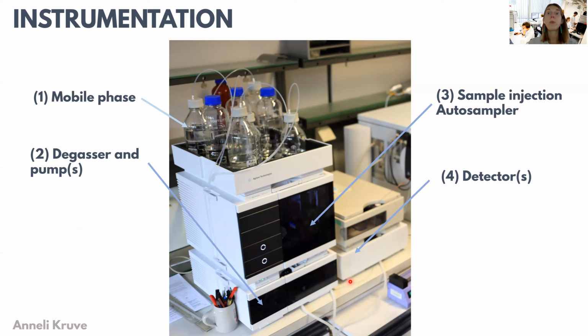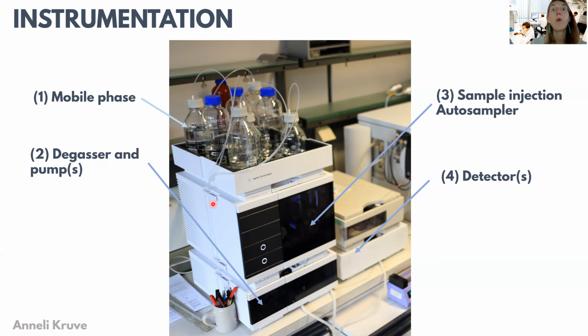Now, this was a schematic scheme, but how does it look when you go into the lab? The instrumentation is of course slightly different depending on which vendor's instrument you encounter, but they generally look fairly similar to this previous scheme. You have mobile phases, which are usually on top of the instrument so that they would be flowing nicely.